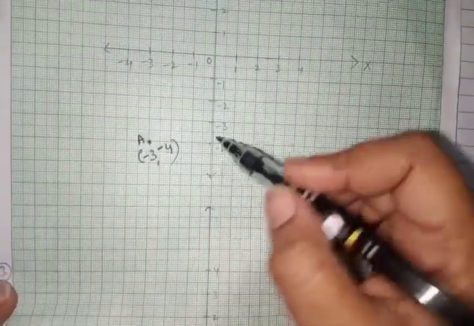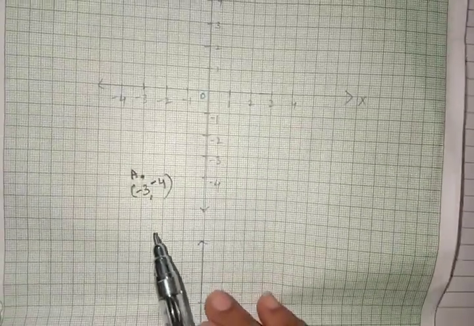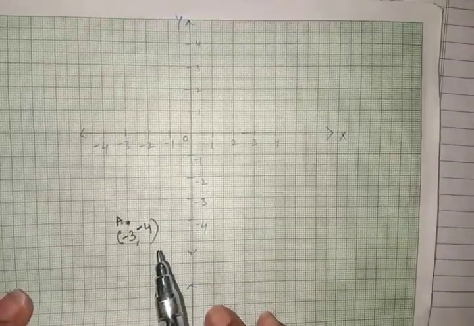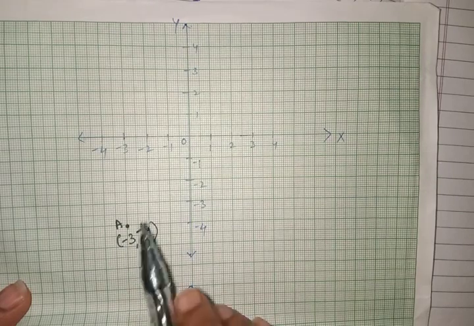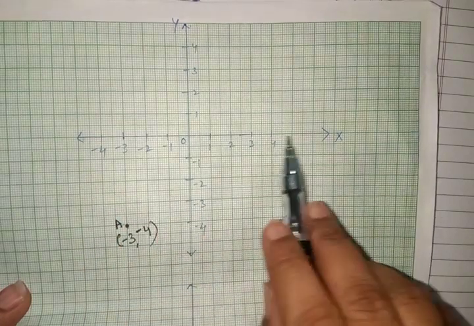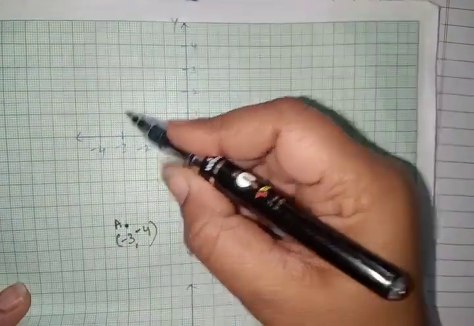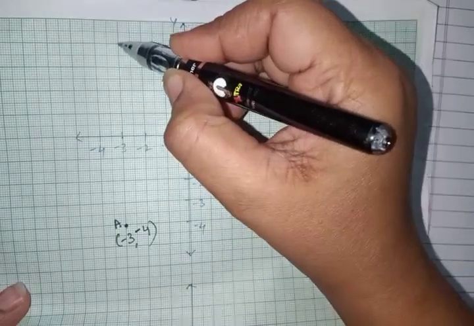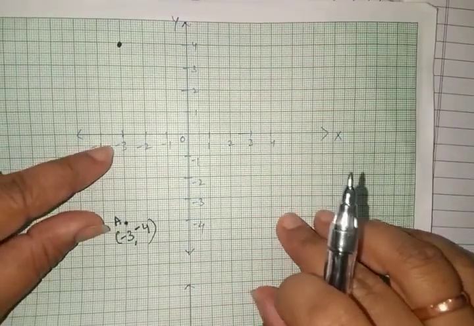Reflection means that it will work as a mirror. This is point minus 3, minus 4 and they are asking the reflection of this point in x-axis. So x-axis will work as a mirror, and we need to go till this point. Reflection means exactly the same distance.